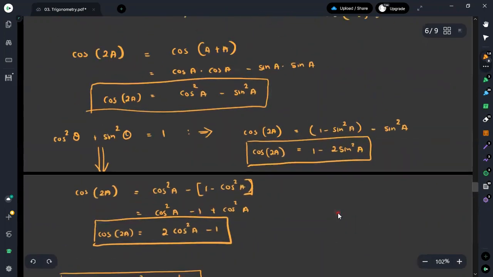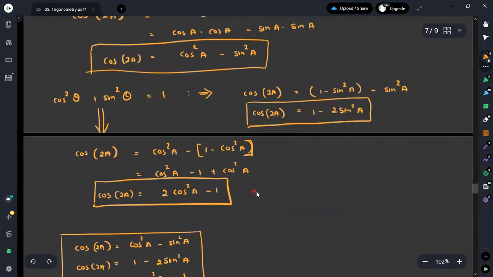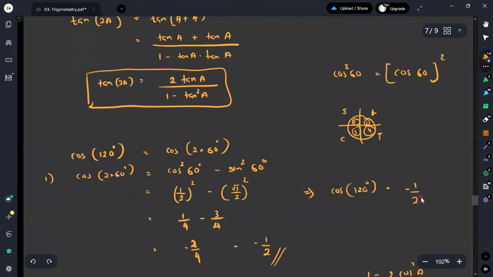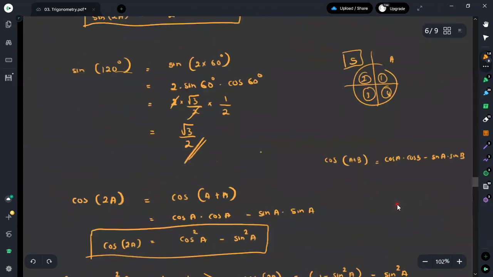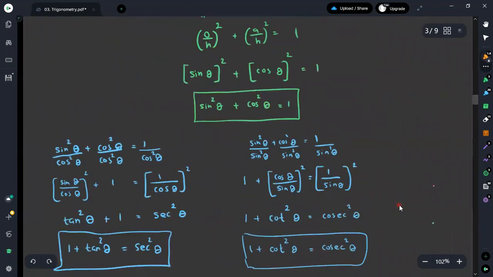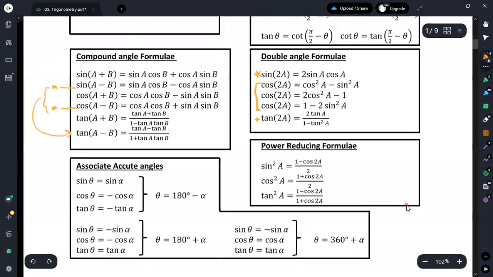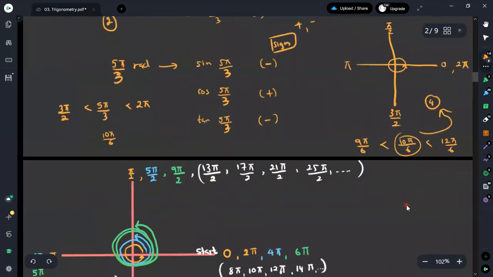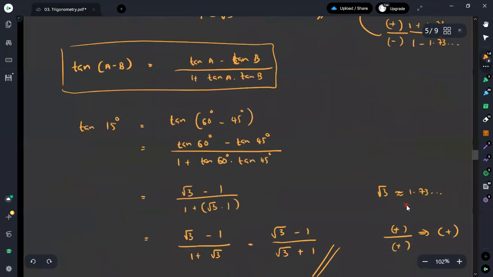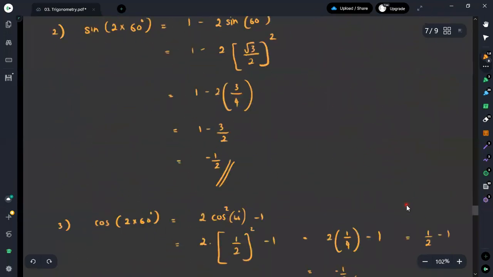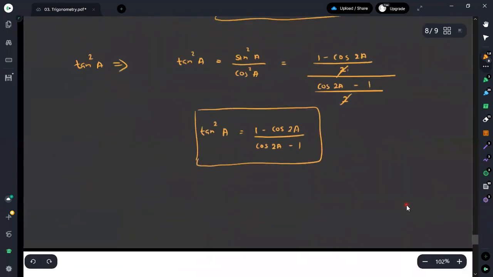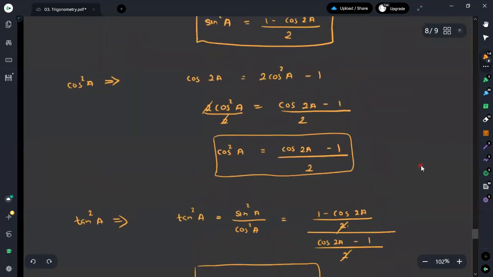Here there is a slight mistake I have made. At this point, we need to take these two to the right side.